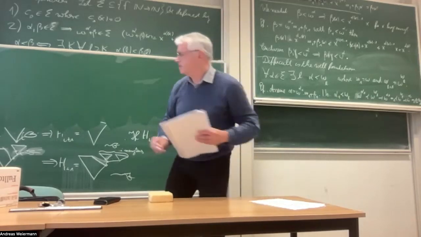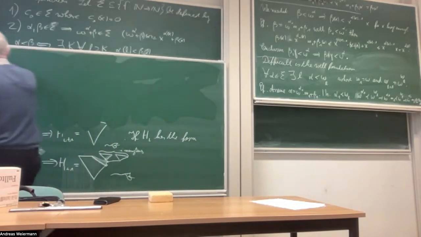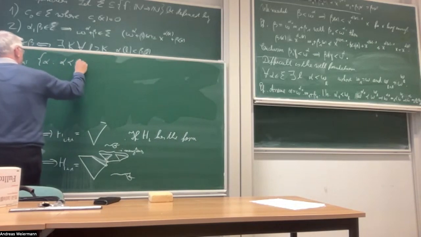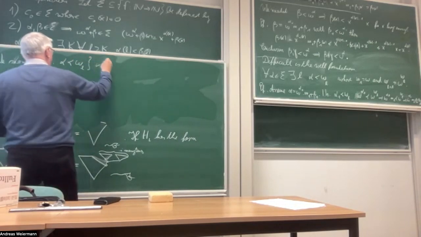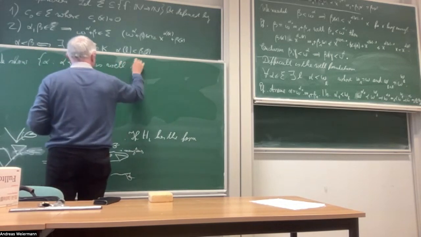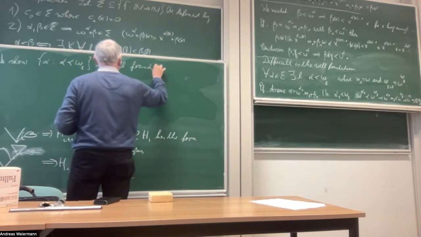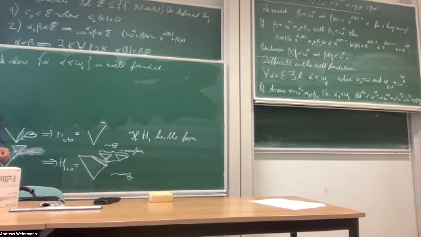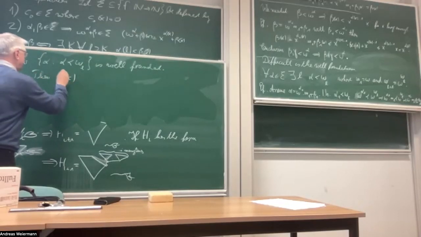So now we show that the set of alpha smaller than omega index L is well founded. And we prove this by induction on L. Assume that we have this. If true, then the whole set is well founded.